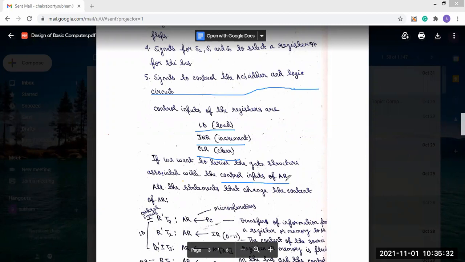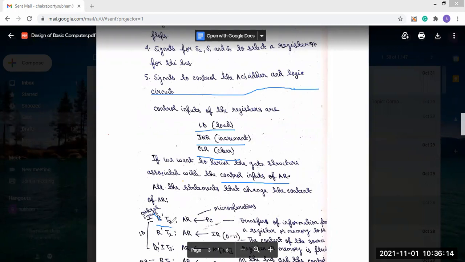That means whichever statements, instructions, or micro-operations change the content of the address register, we will see. Let's say R' T0. What is this? This is the control signal, with the T0 timing signal, which we have seen.